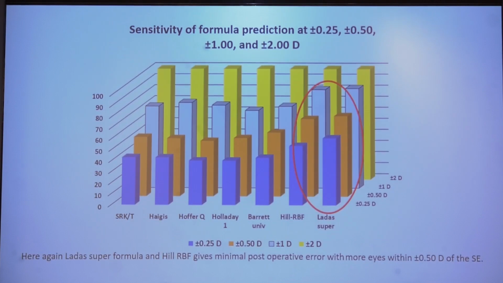If sensitivity is taken, then the 0.5 diopter range is with Ladda's super formula and the Hill RBF. So they are all artificial intelligence formulas, and they are good.